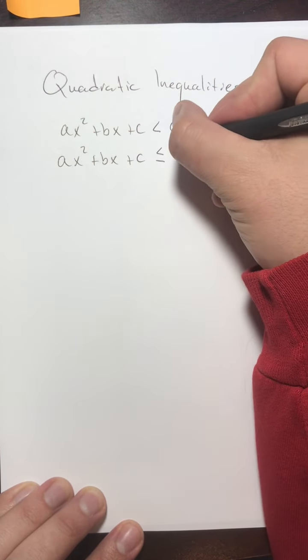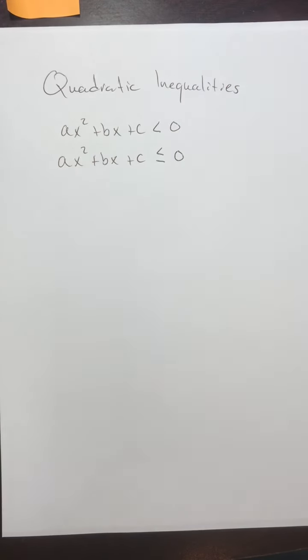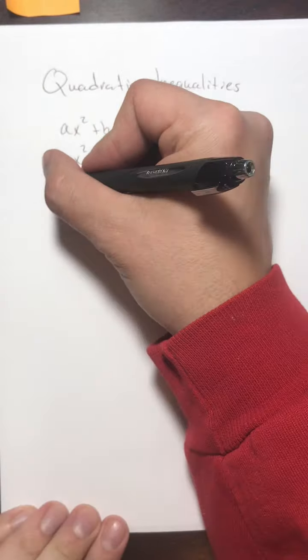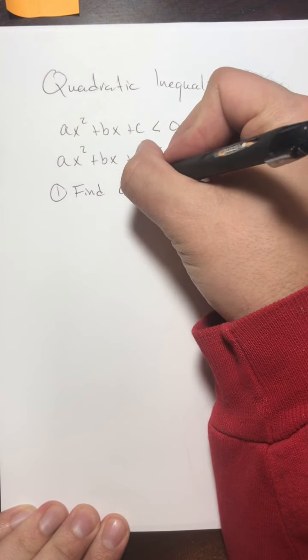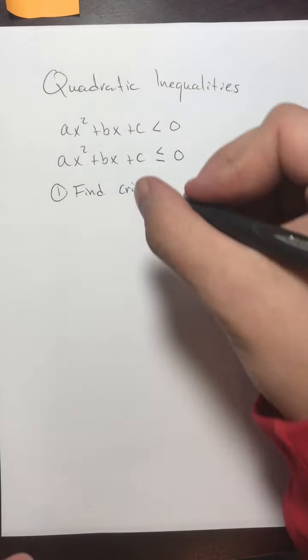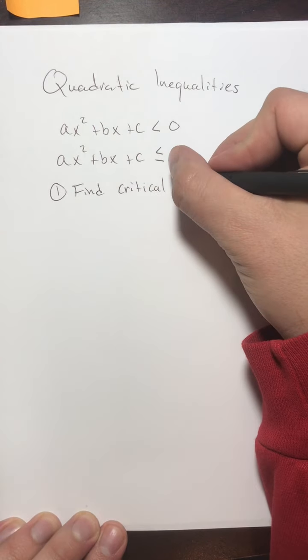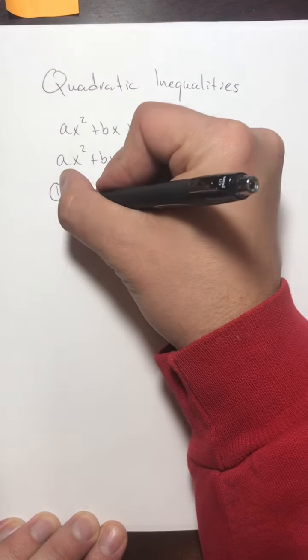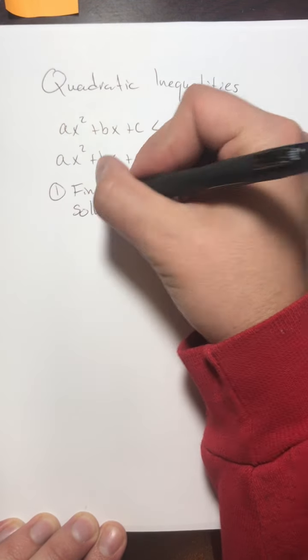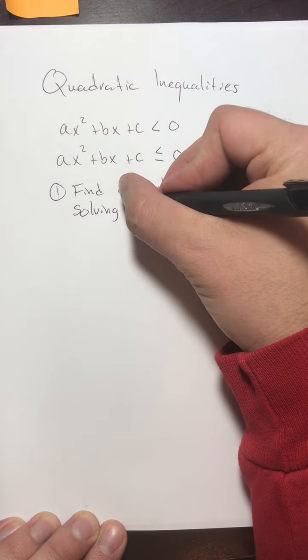And quadratic inequalities, we want to get into this form. The first thing we're going to do with this quadratic inequality is find what we call critical values. We're going to do that by solving the corresponding quadratic equation.